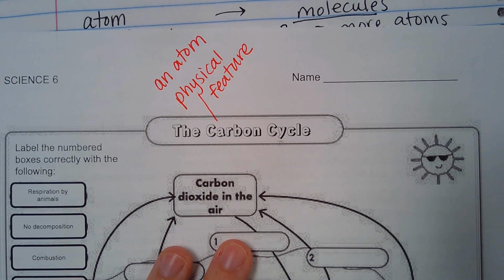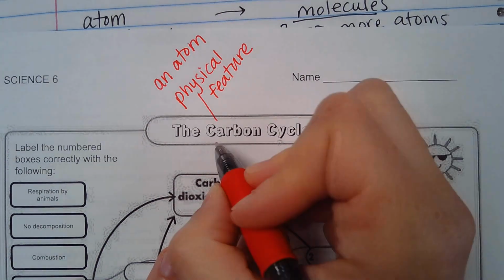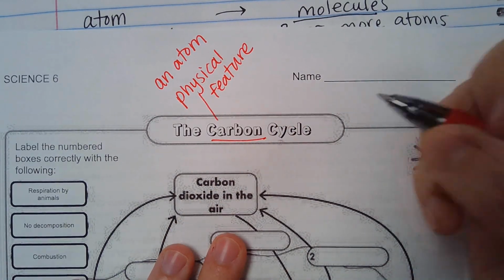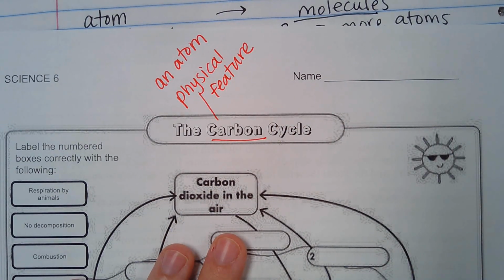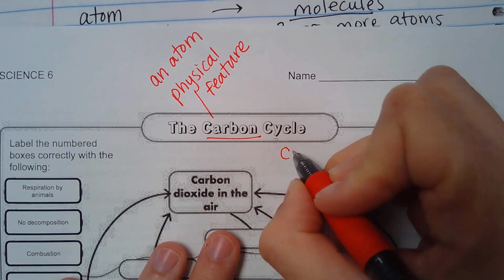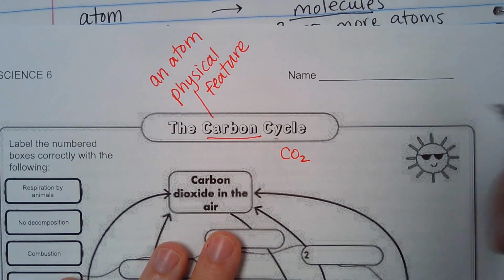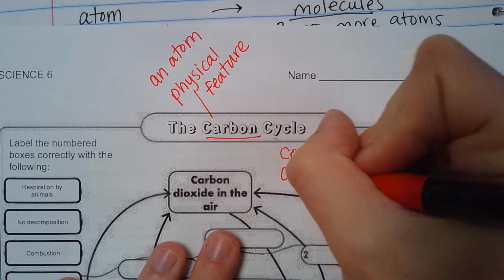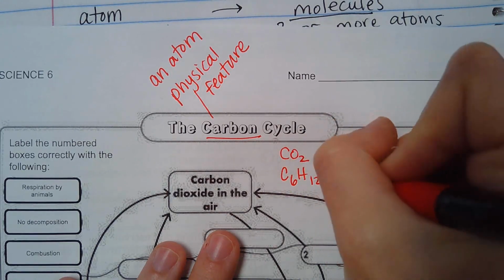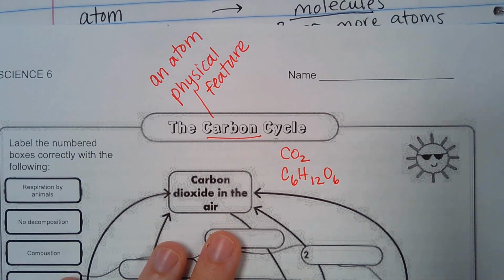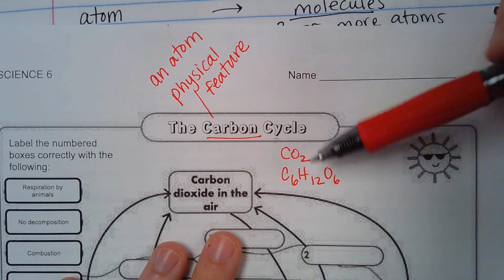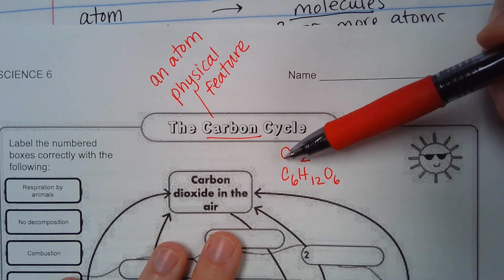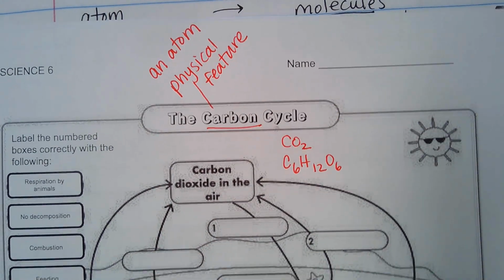Another thing that we need to know is that carbon can be found in other molecules, right? So we can find carbon in CO2, carbon dioxide. We can find it in sugar, C6H12O6. We can find it in other molecules, but I just want you to see that carbon atoms can be in different kinds of molecules.